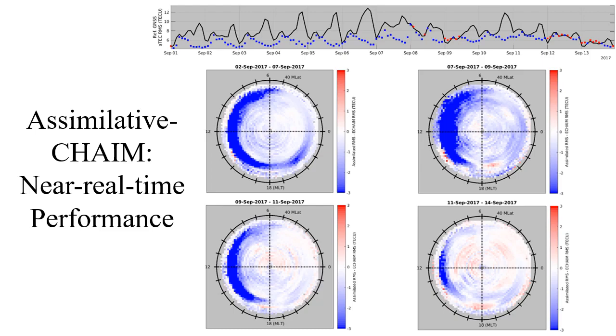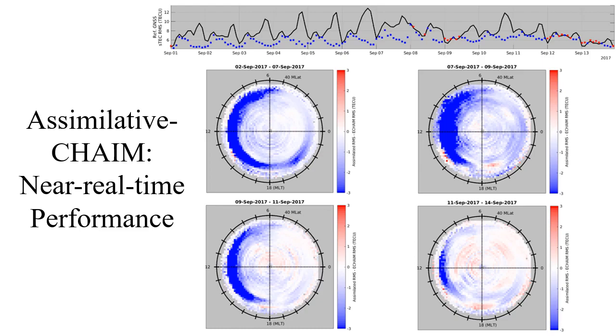The bottom plots provide the MLT and magnetic latitude distributions of the differences in error between the background model and the assimilation system, where blue means the assimilation system is improving upon the background model, and red vice versa.